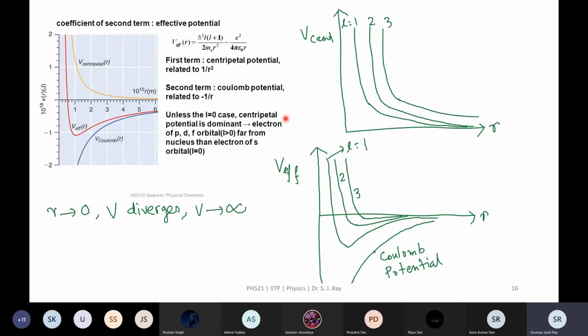But if L is non-zero, then we have the p, d orbitals, and for them we have this kind of V effective, which means that the potential will have a minimum. So that is the behavior of this potential at different values of r. Any question on this?